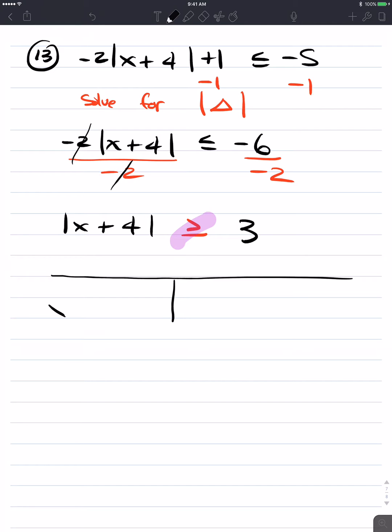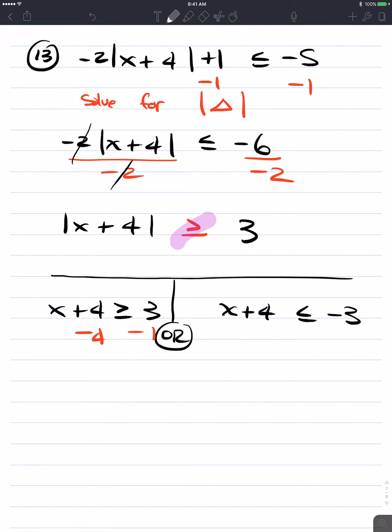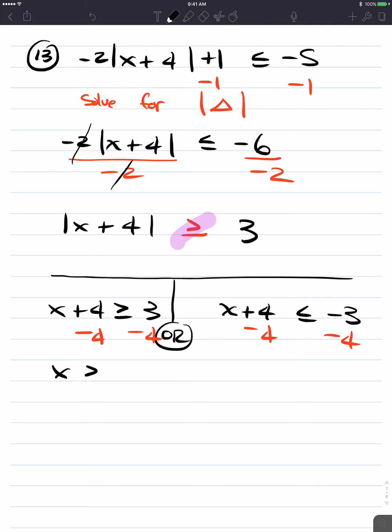We have x plus 4 greater than or equal to positive 3, or x plus 4 less than or equal to negative 3. We're going to solve by subtracting 4 from both sides. We get x greater than or equal to negative 1, x less than or equal to negative 7. We're going to take the union.